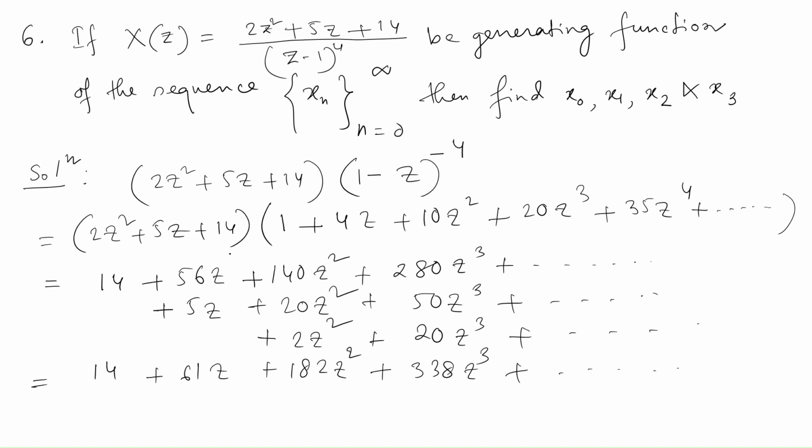Now if we compare with the sequence, then we'll have here x0 as 14, x1 as 61, x2 as 182 and x3 as 338.